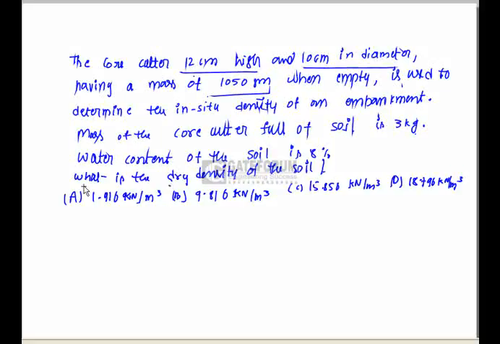To find out the dry density of the same soil, we know the water content is 8%, that is 0.08. So we know gamma d is equal to gamma by 1 plus w. Similarly, in terms of mass, we can say rho d is equal to rho by 1 plus w.